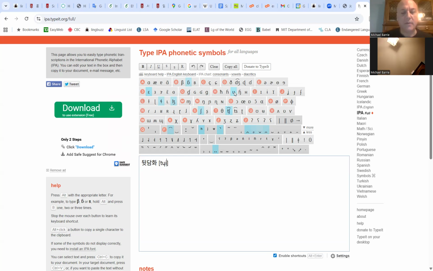And then there's a T, which again is unreleased, and then what sounds like a Fortis T, like this. Dwi, dam, hua.